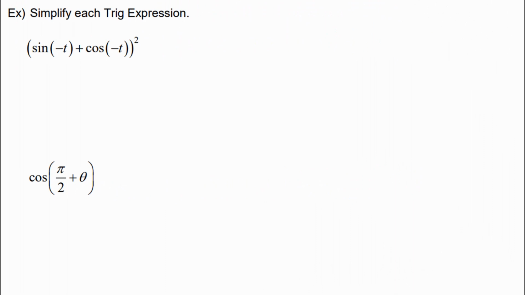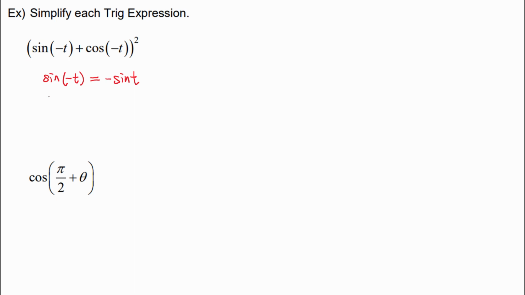Okay, you memorized all the formulas now, right? So let's assume you did and do the following problems. Simplify each trig expression: quantity sine of negative t plus cosine of negative t, quantity square. Well, sine is an odd function, so sine of negative t is equal to negative sine t.